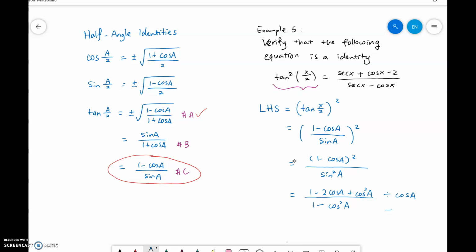It should be x. I write everything in terms of x. So, sine squared x, cosine squared x.